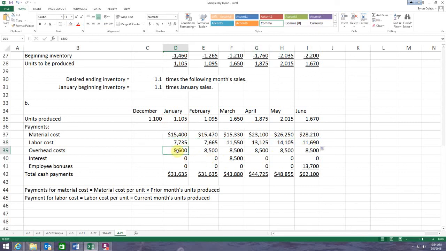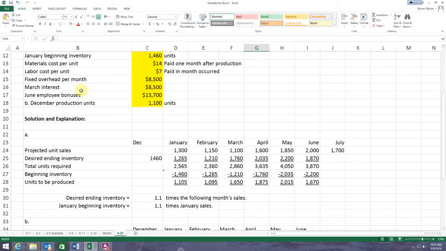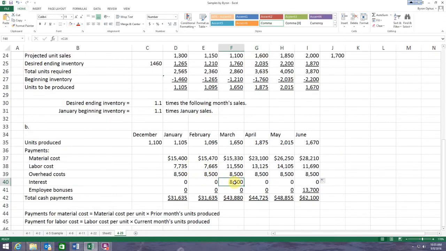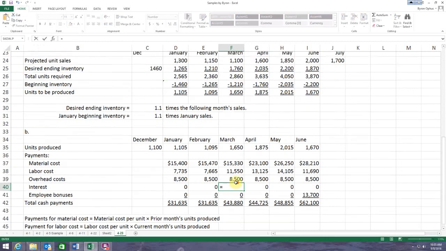My overhead costs are consistently $8,500, so I'm going to just plug in $8,500, and I can copy that one down too. And then manually I have to enter in my interest payment, which says it's March interest of $8,500, or of course I can say it's equal to my number up here.